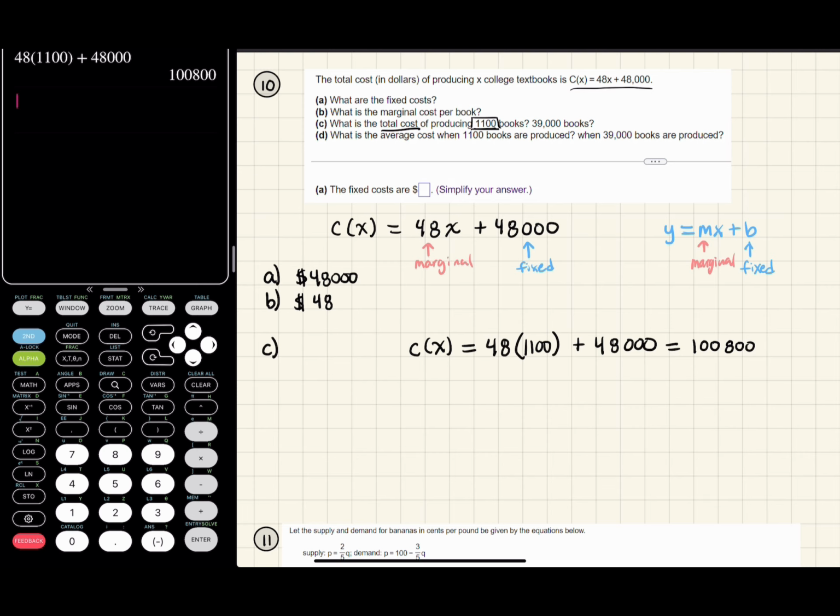Let's call that C for 1100 books was 100,800.